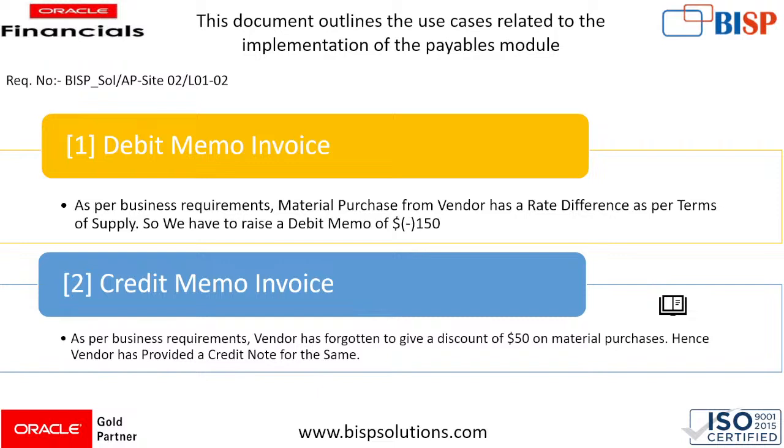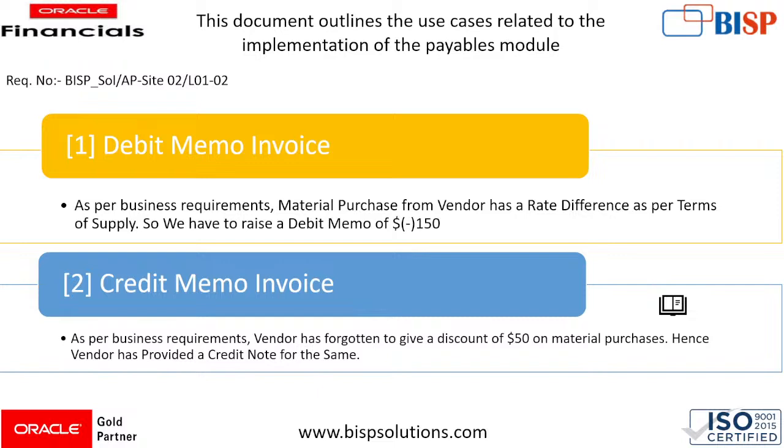Similarly, a credit memo invoice is again a negative amount invoice created by the supplier and sent to you to notify you of a credit, right?